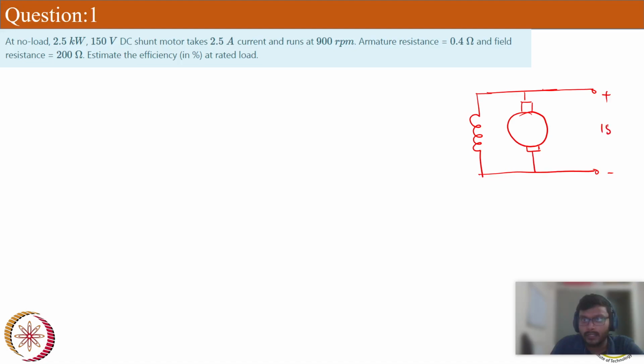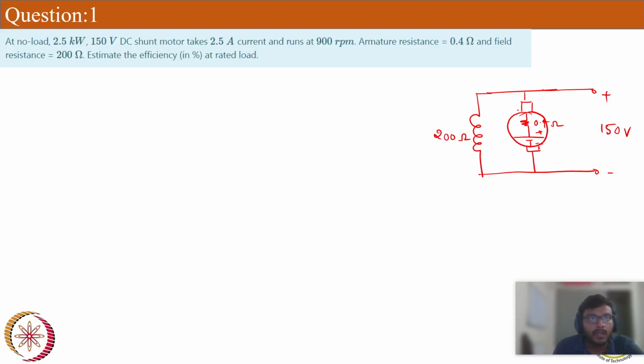It is given that it is 150 volts, and we have the armature resistance RA. How much is RA? It is 0.4 ohms, and EB we don't have, and the field resistance is 200 ohms.